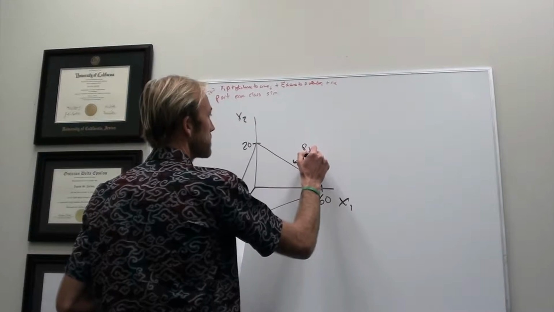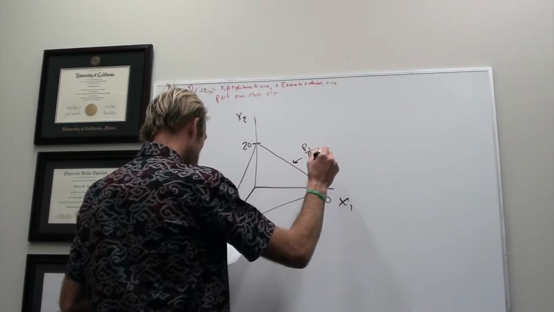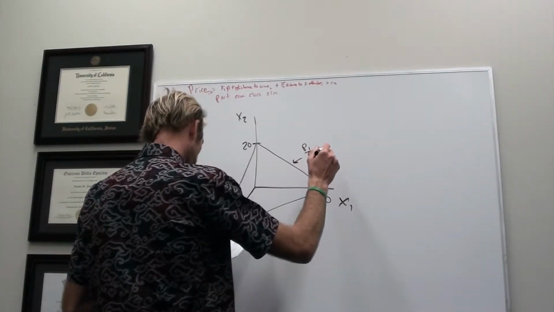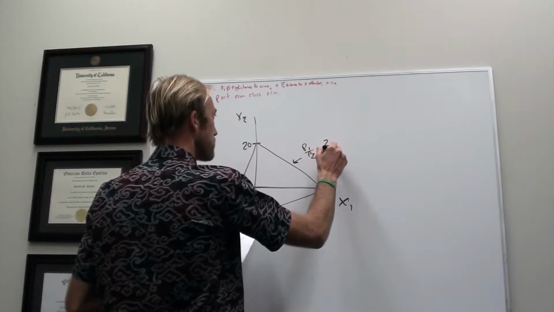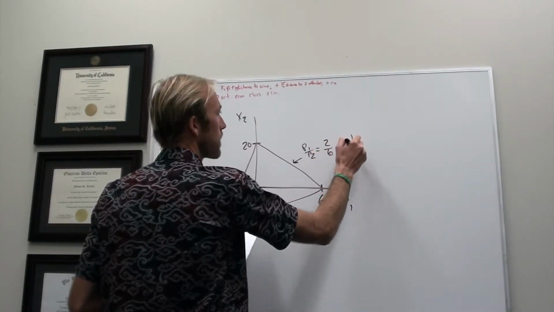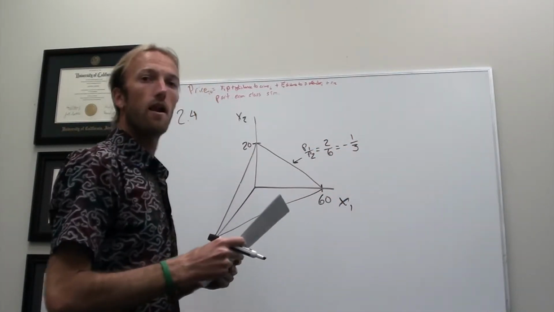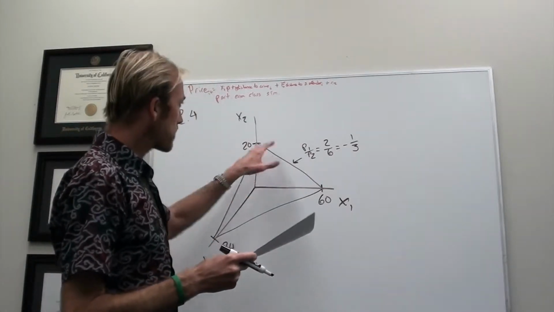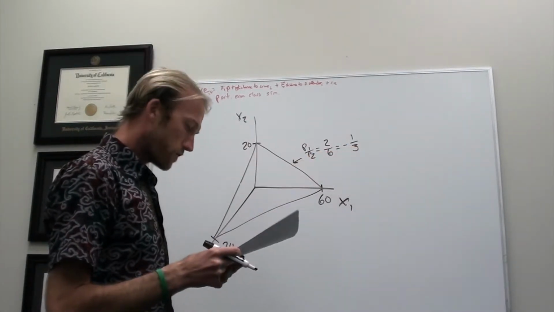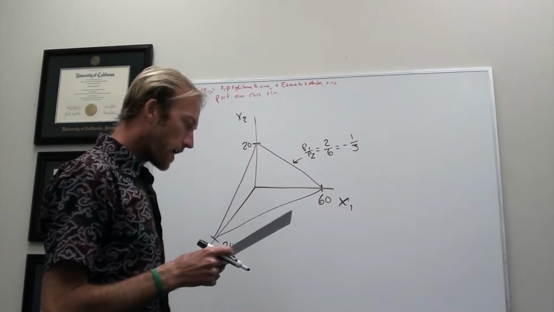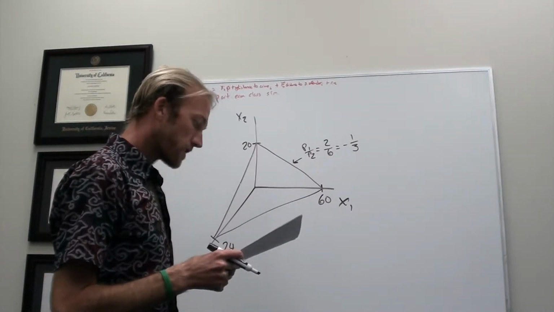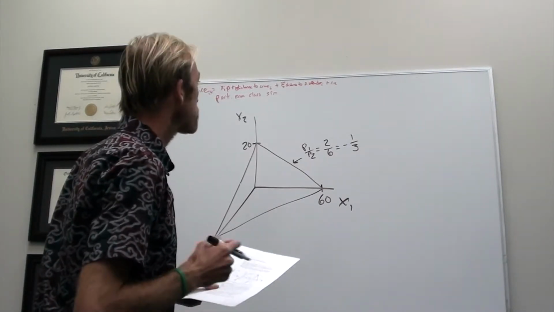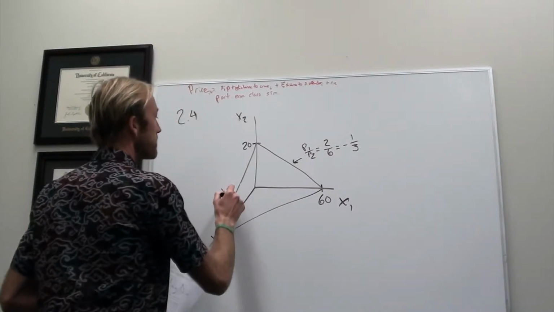The slope of this line is going to be p1 over p2, which is 2 over 6, which equals 1/3. And of course that is negative because the slope is negative, but the opportunity cost would just be 1/3. And then it asks, what is the opportunity cost of x2 in terms of x3? So we're looking at the slope of this line.